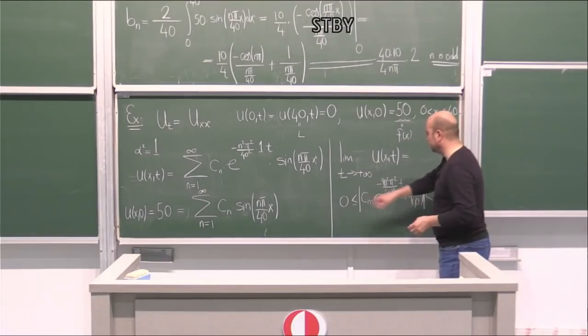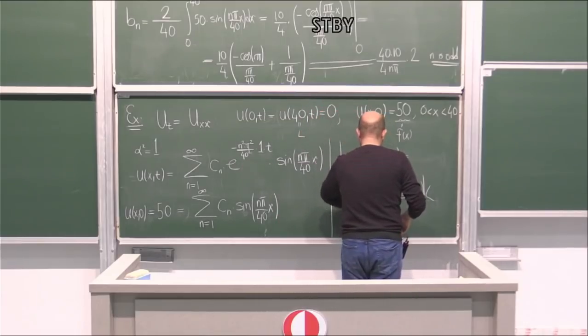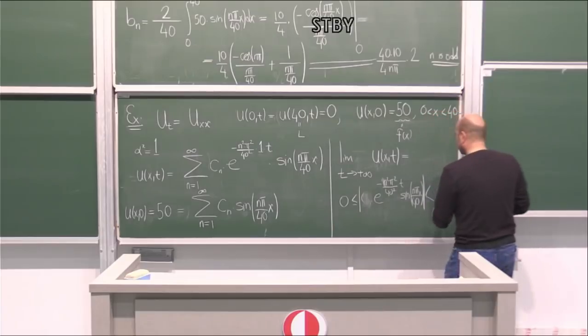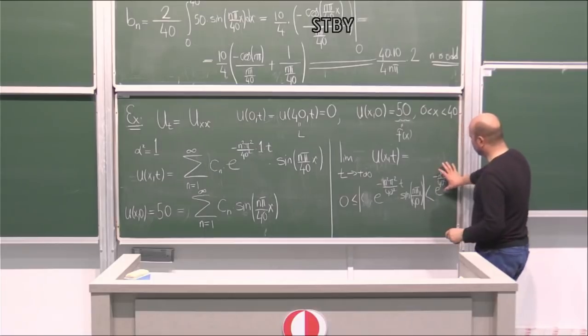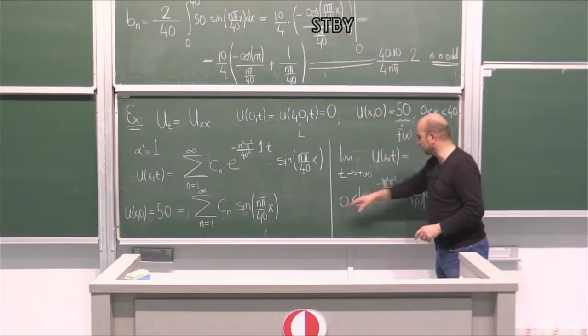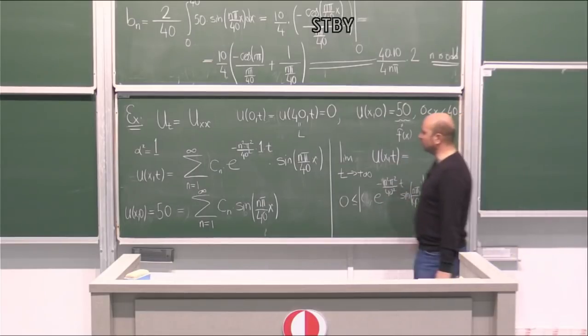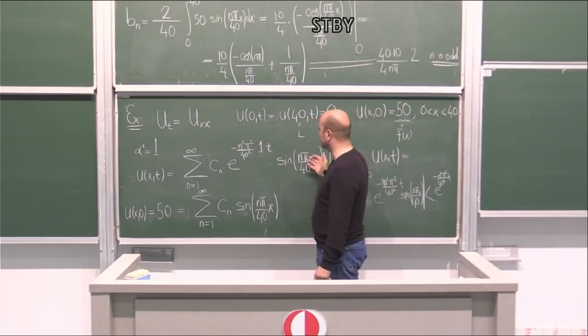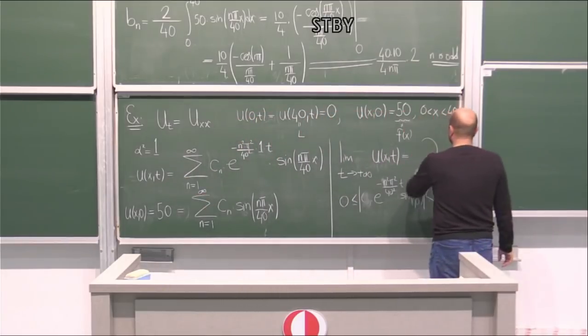So we have just Cn, and forget about Cn actually, I'm just computing what's happening for the functions. So this is less than e to the minus n square pi square over 40 square t. This part is going to 0, so by the squeeze theorem the middle part must go to 0. So every term here is going to 0 as t goes to infinity. That means your series, your function, will go to 0 eventually. So we got 0 here.